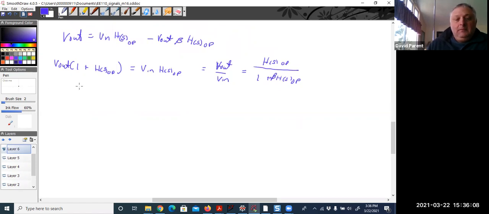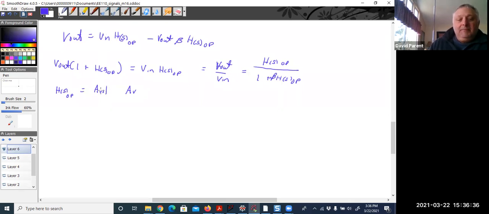Now, let's put in a model. So what if we have H(s) of the op amp equals open loop gain? All right. Sometimes I've seen A_V, and you might see me use them interchangeably, but I'm trying to keep a handle on that, but it's the open loop gain.